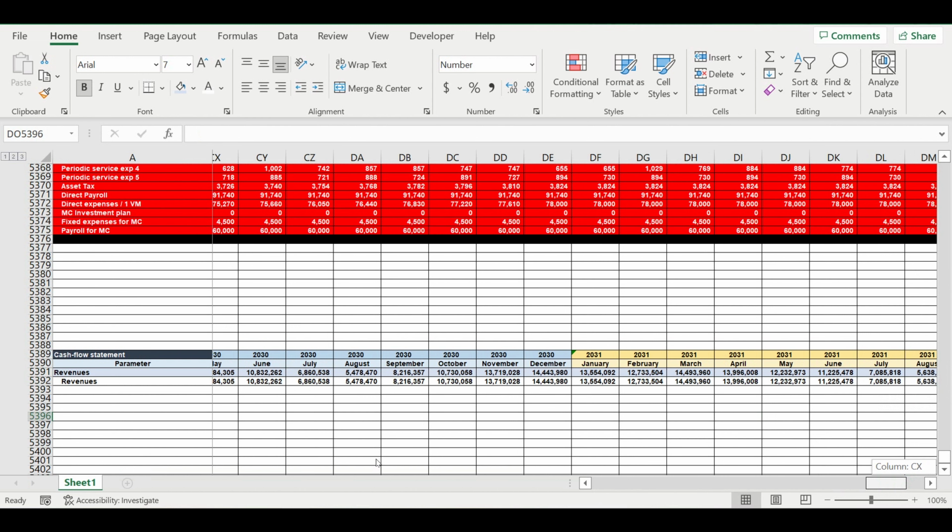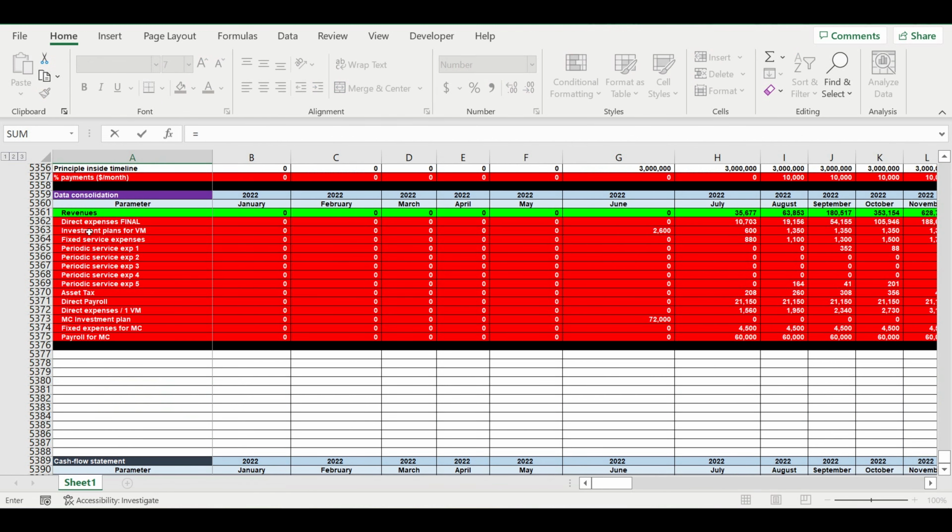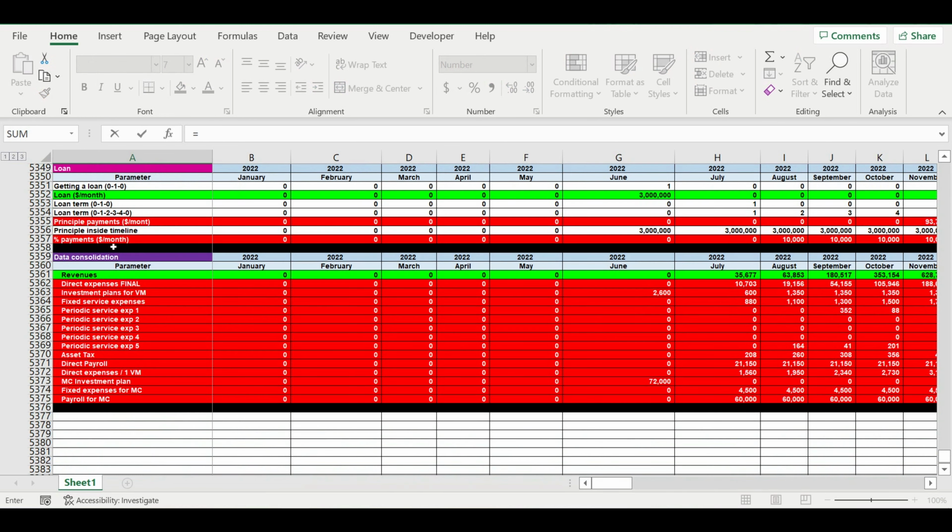Then we are moving to direct expenses. So we are taking direct expenses from here. Then we have fixed service expenses. They are also direct expenses.